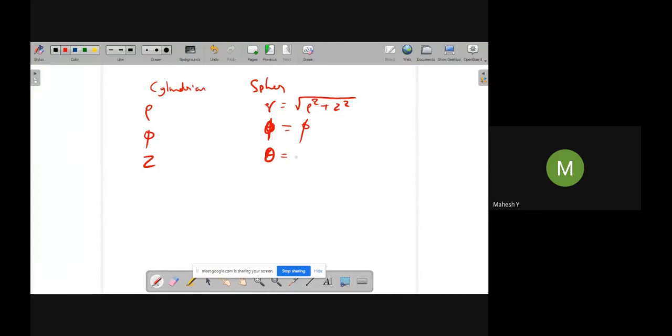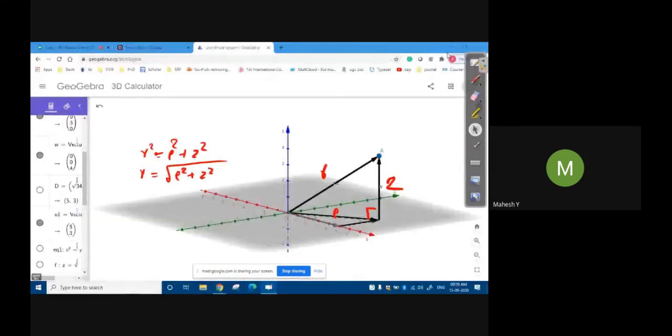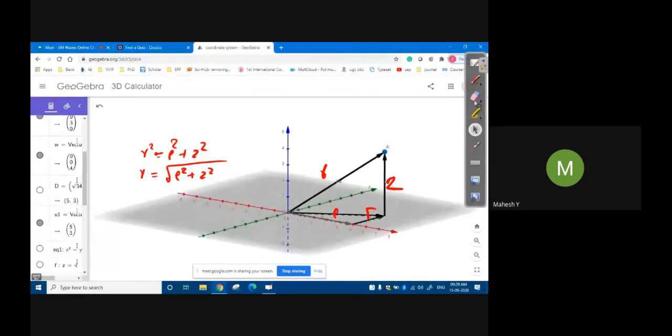Now what is angle theta? So this is the angle theta. Can I construct a right angle triangle like this? So what is this length? This is a right angle triangle I am considering now.